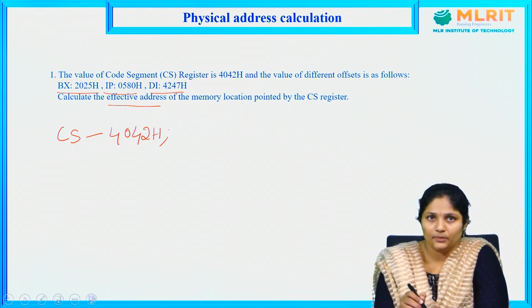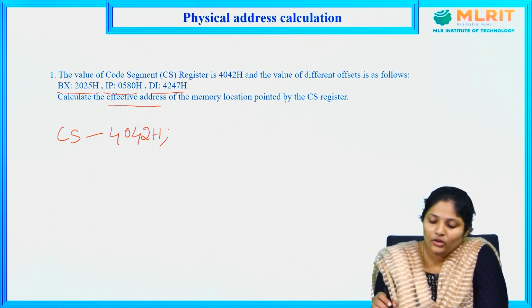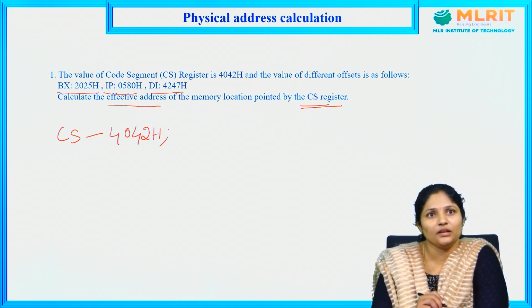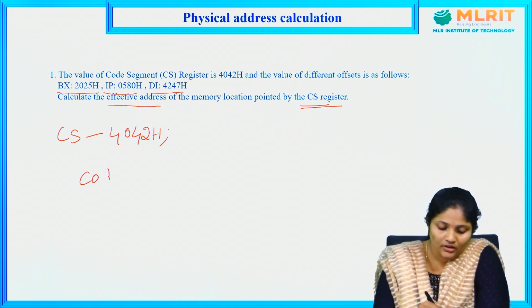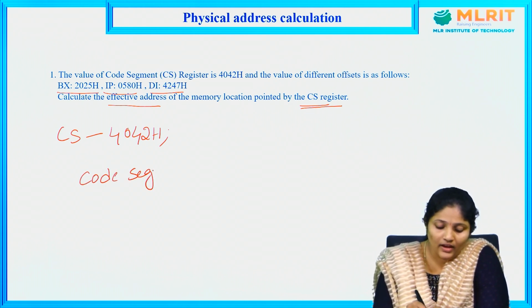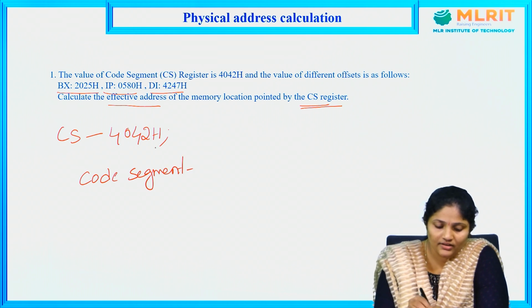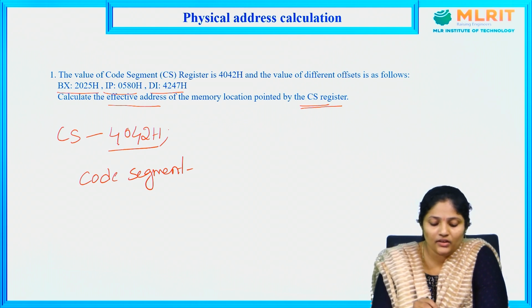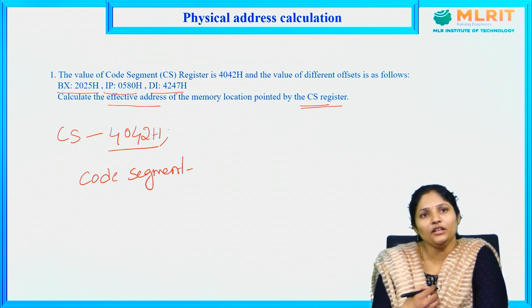So here we need a 20-bit address, the memory location pointed to by the CS register, the code segment register. The CS register is used to hold the segment address, and here the segment address is given as 4042H.